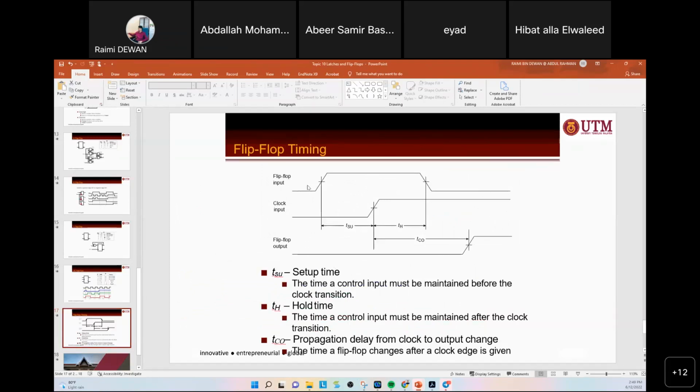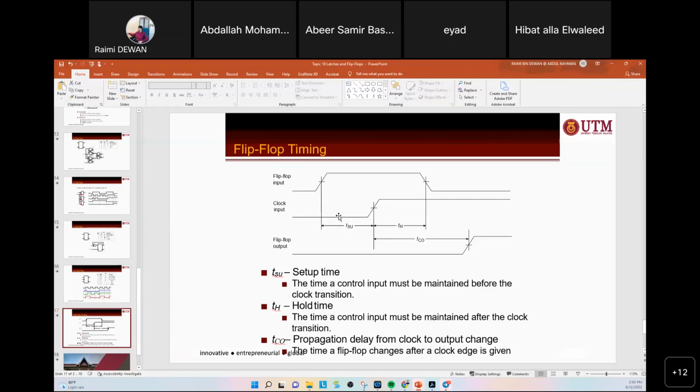This is your flip-flop input. TSU, the setup time, is the time a control input must be maintained before the clock transition.